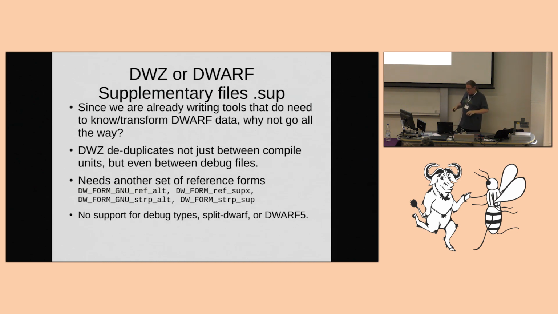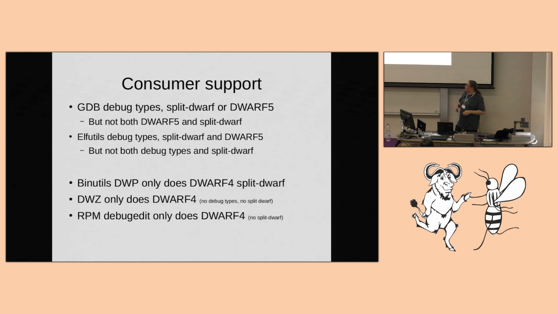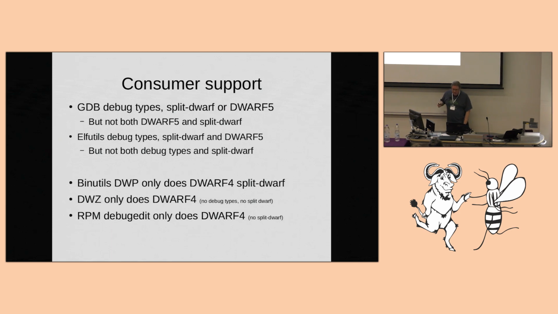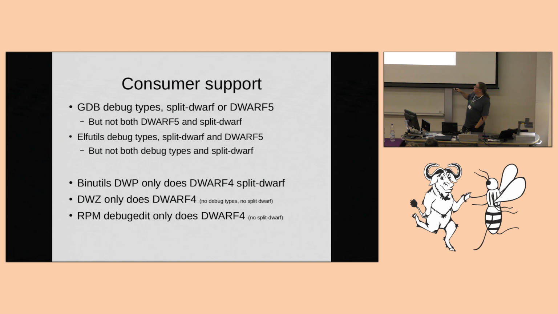Let's just skip through this. Or you could actually, if we are working on recognizing the dwarf, have a tool that really does deduplication. But the problem at the moment is consumer support is pretty good for DWARF5 or split-dwarf.